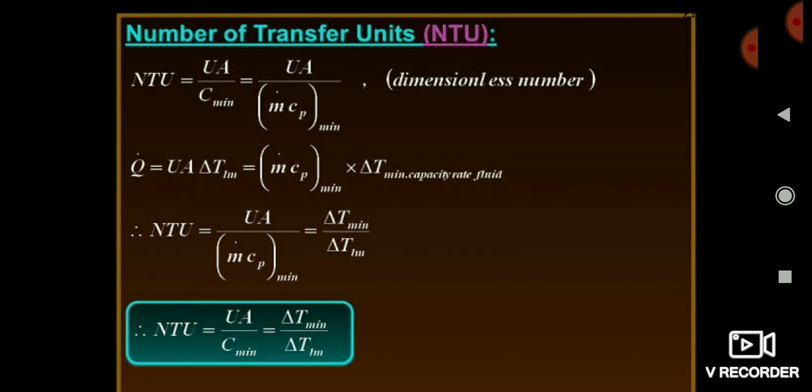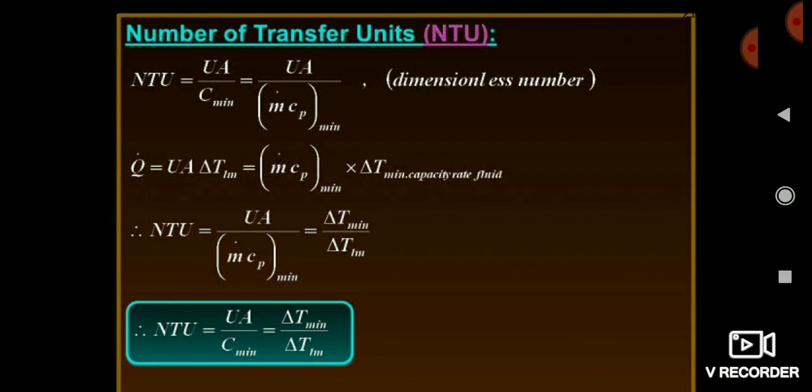Friends, many students are confused here, they consider that the specific heat is the C minimum. Friends, not the specific heat. You multiply the specific heat into the mass flow rate, then you can get the C minimum. Here you see in this equation, m into Cp, means mass flow rate into specific heat, then you can get the C minimum value.